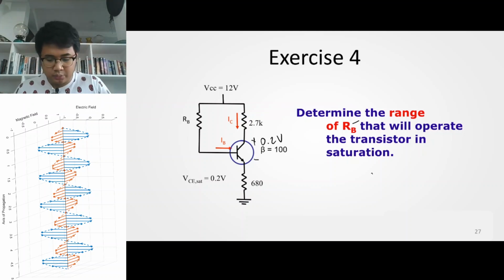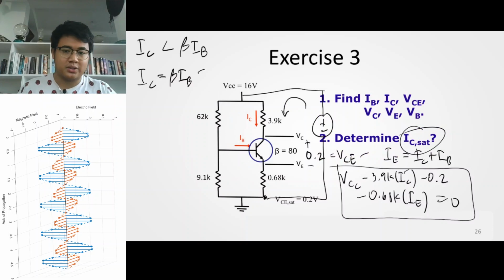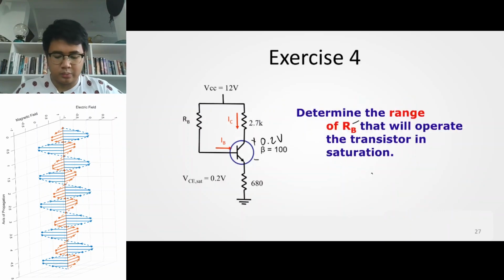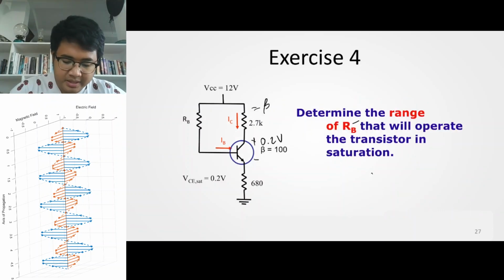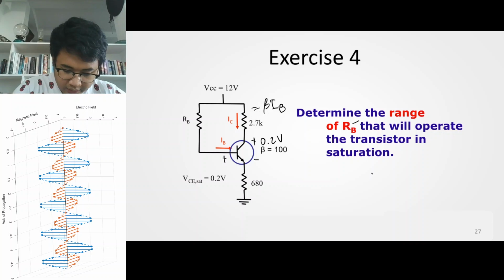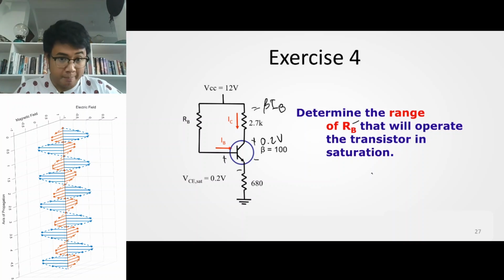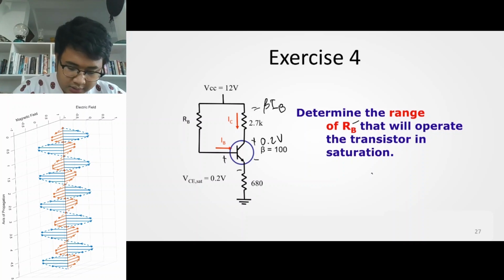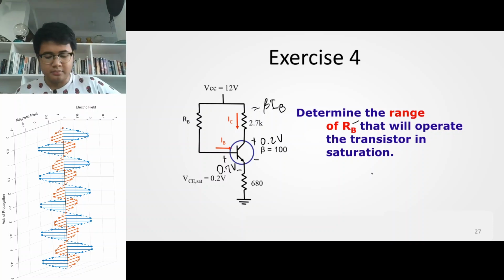That means we want to get IC saturation first, which can be solved in the same way as this exercise. So IC is still beta IB, and the voltage drop at the base emitter junction is 0.7 volts. With that, we're all set.